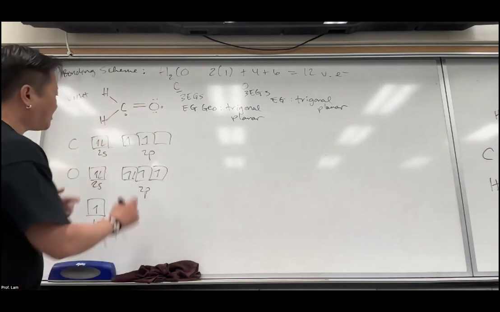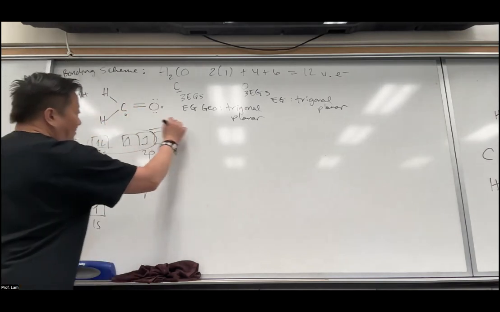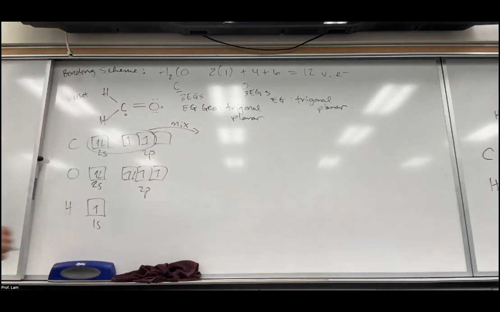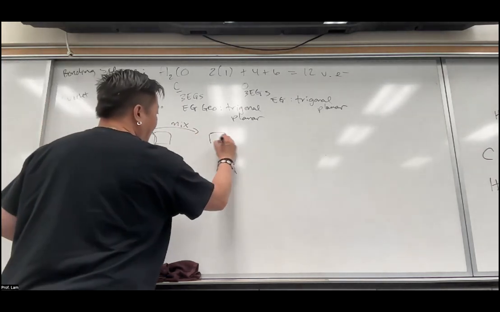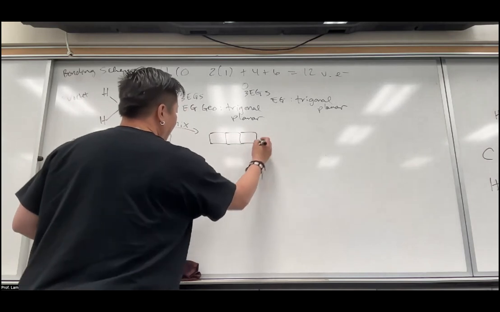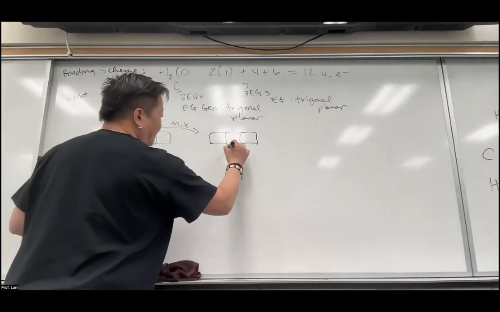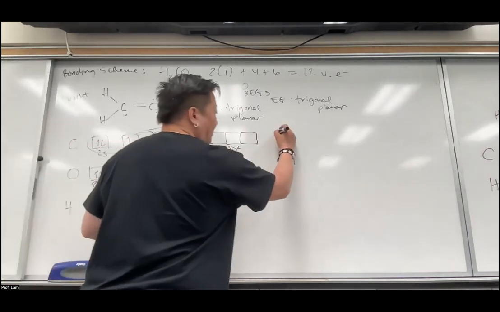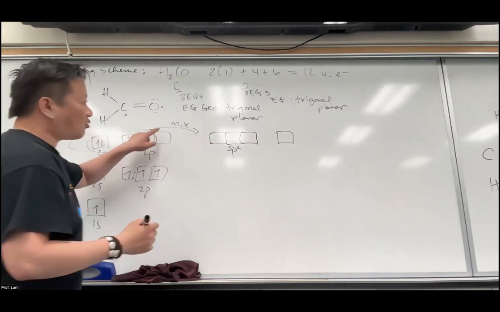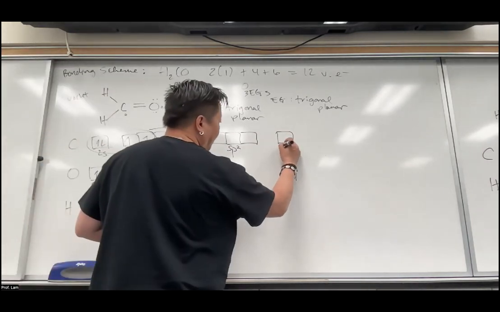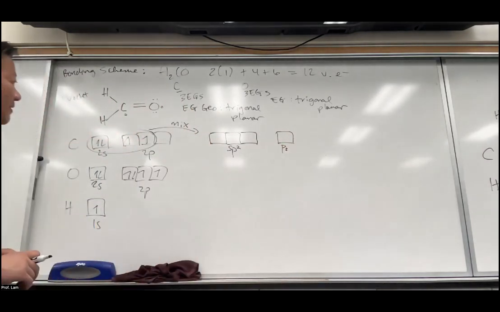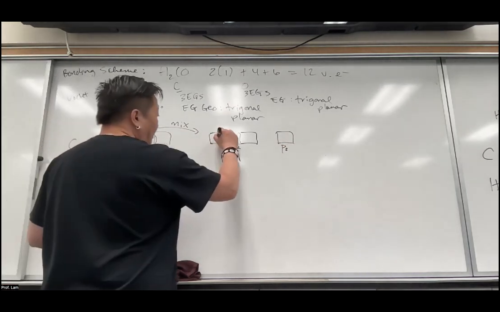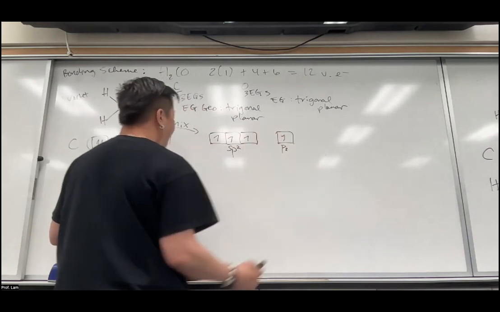The number is 3, so circle 3 boxes. We'll mix. 3 boxes in, 3 boxes out. What do we call them? sp2, right? There's 1 box that's not mixed. Put it off to the side. Which one is that? What unhybridized orbital? pz. Okay. We put valence electrons in there. Carbon should have 4, right? 1, 2, 3, 4.